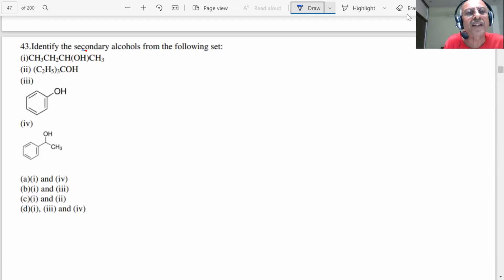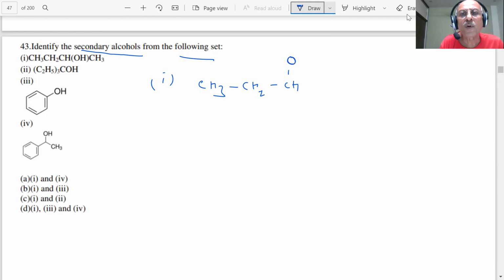Identify the secondary alcohol from the following set. Let me write CH3, first one CH3CH2CHOHCH3. This carbon has got two carbons, so this is a 2 degree alcohol. One is correct. What about the second?